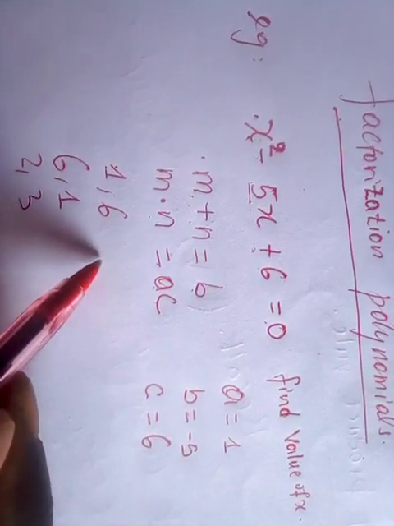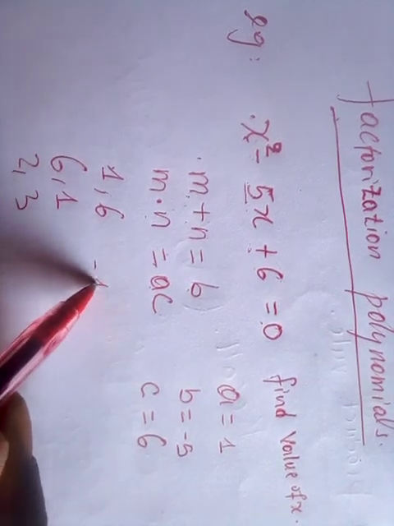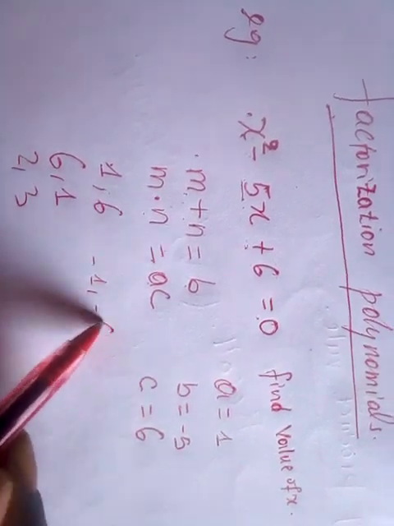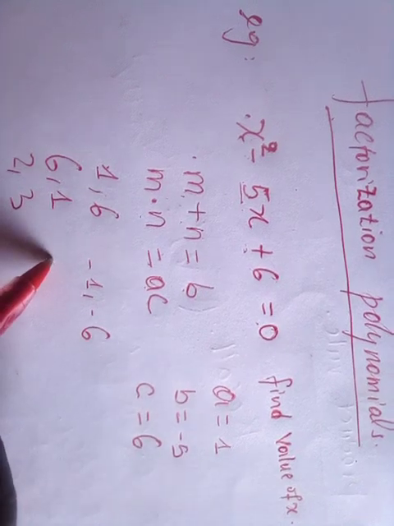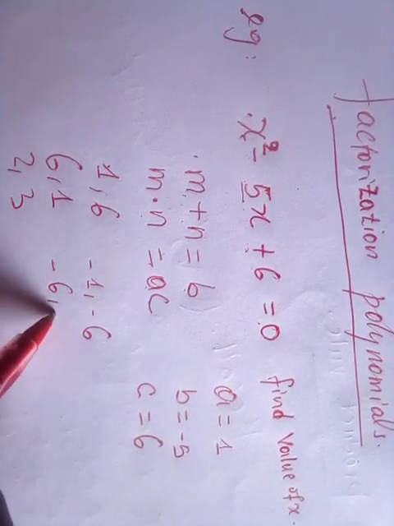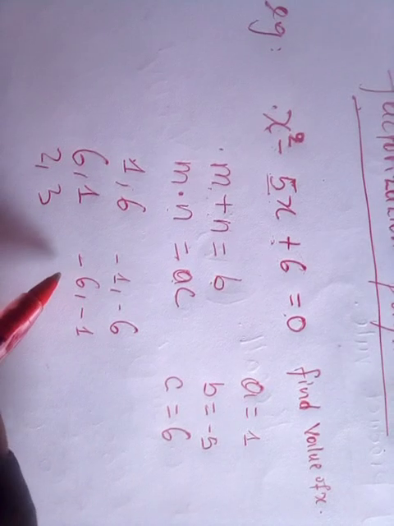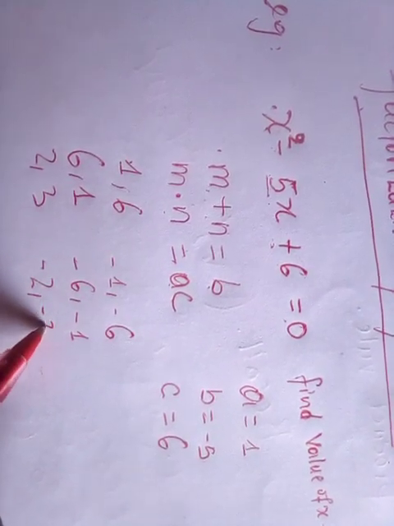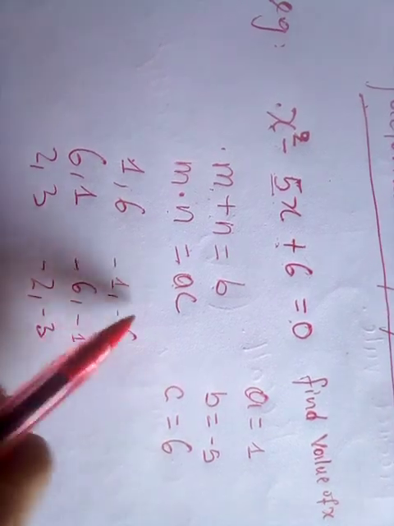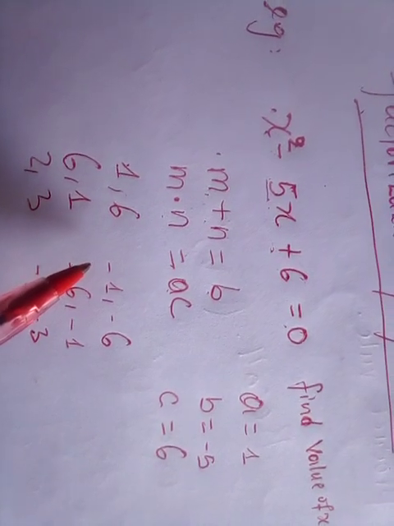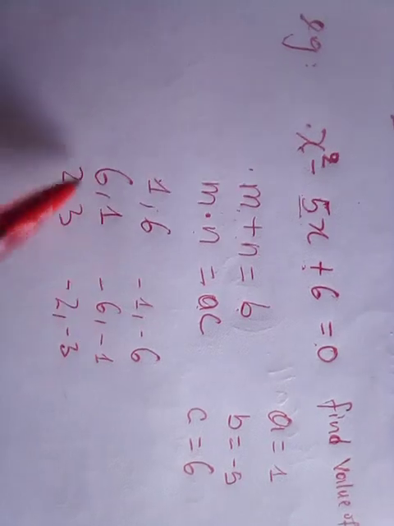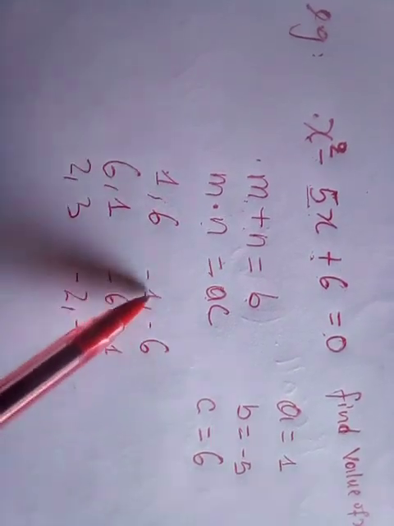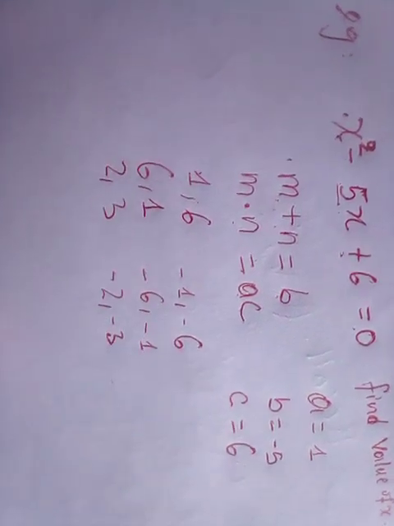Here I can guess also negative 1 and negative 6, negative 6 and negative 1, and negative 2, negative 3. These are numbers you can multiply and get 6.